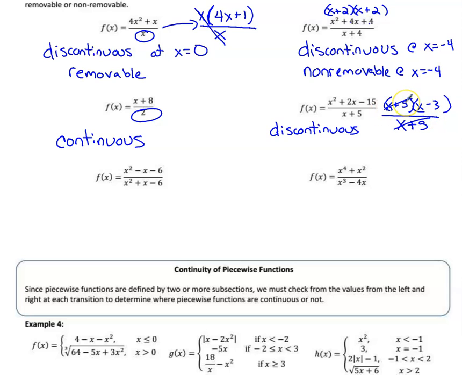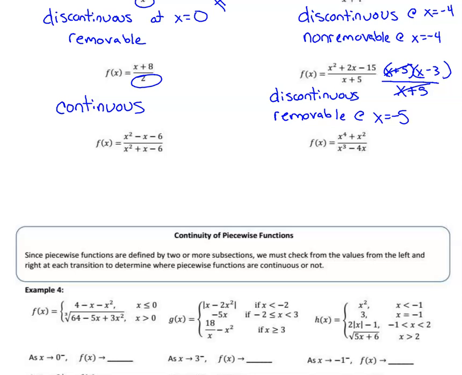The x plus 5's cancel, so I remove them. The graph is going to look like the line of x minus 3, but with the hole at negative 5. So this is removable at x equals negative 5. Whatever made that denominator 0 is discontinuous because you can't divide by 0, but we were able to take it out of the problem, which left us with just the line x minus 3, except for the hole.